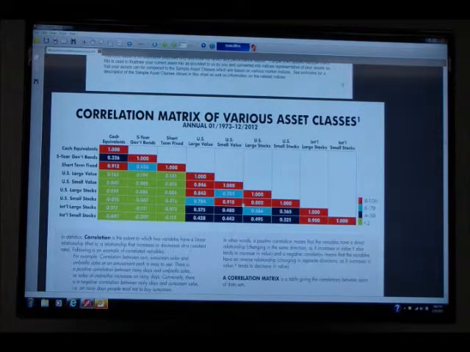Each one of them, compared to any other one, anytime you pair any of them up, there's a certain amount that they're alike, and a certain amount that they're different. Some assets could be completely different. So this just shows you that there have been numbers assigned to all the different asset classes that one could have in this type of portfolio.